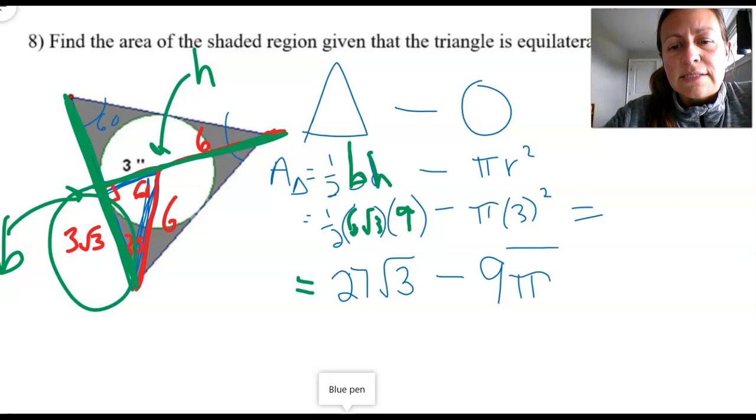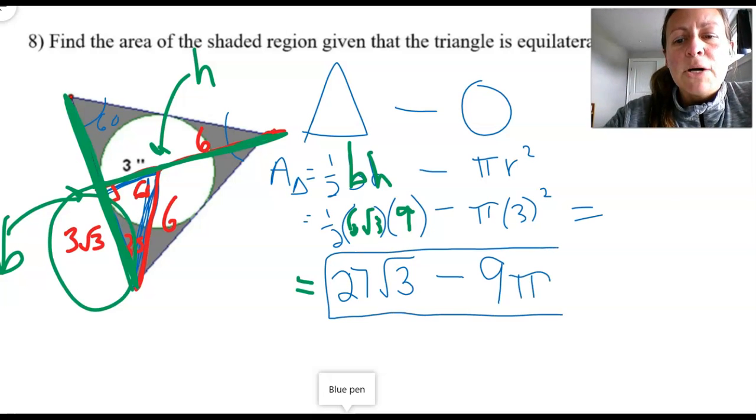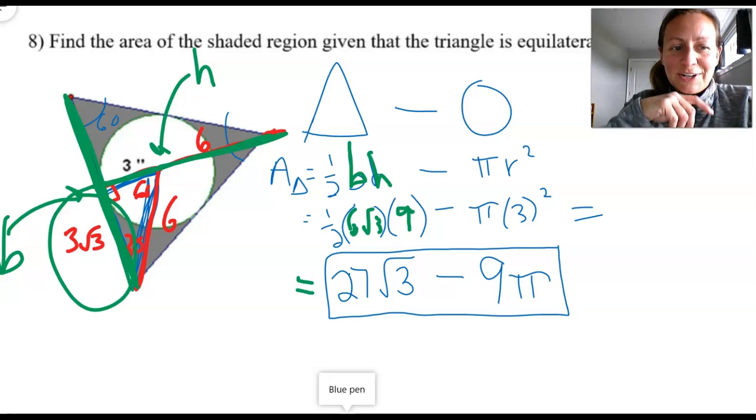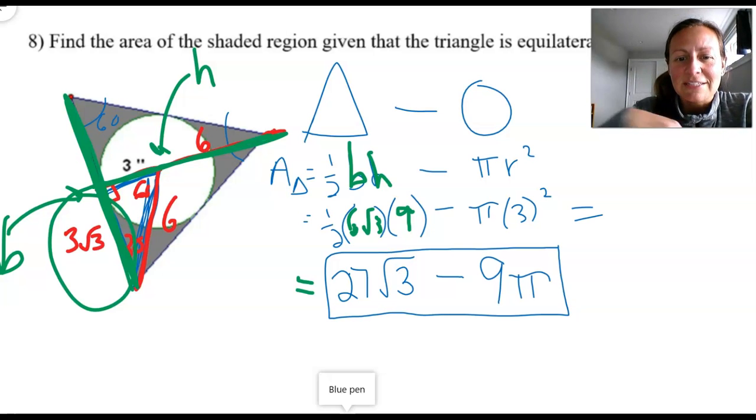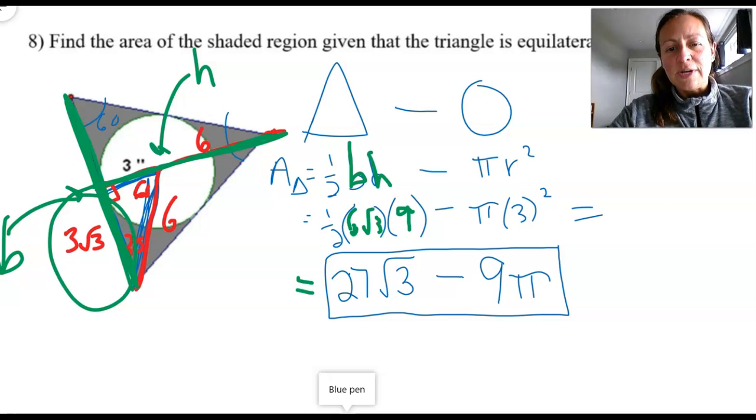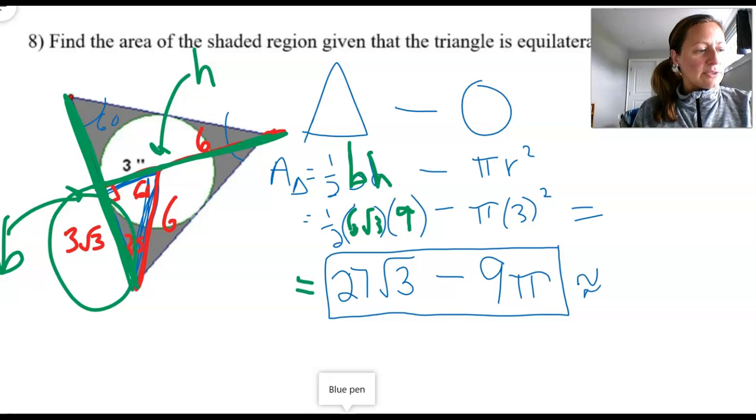Well, this is the most accurate, exact answer in inches squared because it's irrational in 2 ways. There's a radical and there's a pi. But that doesn't give me a very good feel for how many square inches it is, so I'm going to go ahead and do the calculations of 27 times radical 3. And on my iPhone calculator, I have to first put in the 3, take the square root, and then multiply by 27.